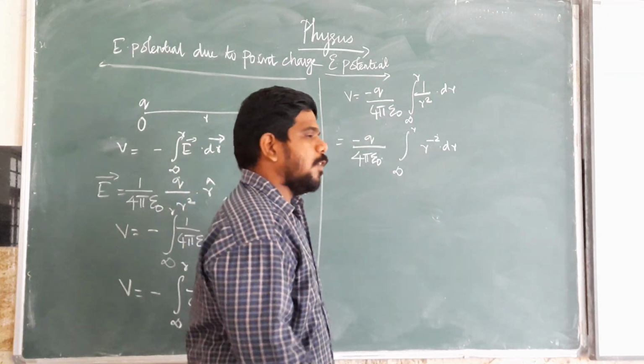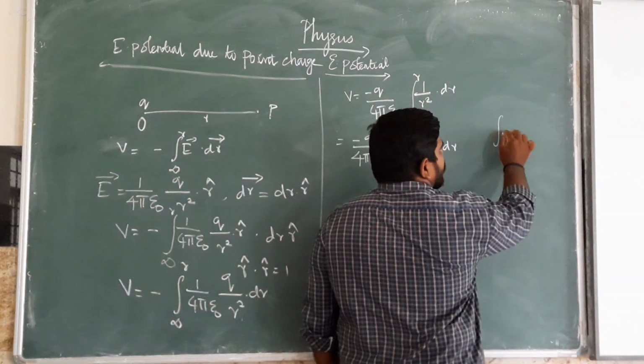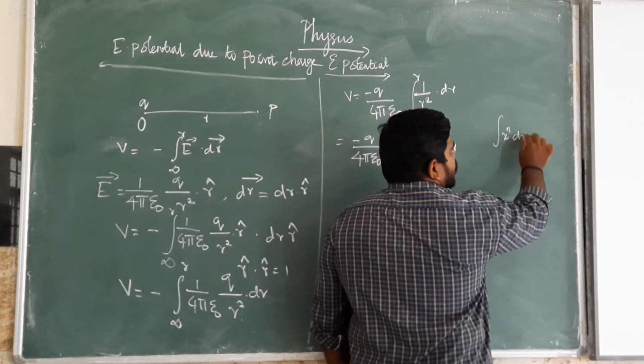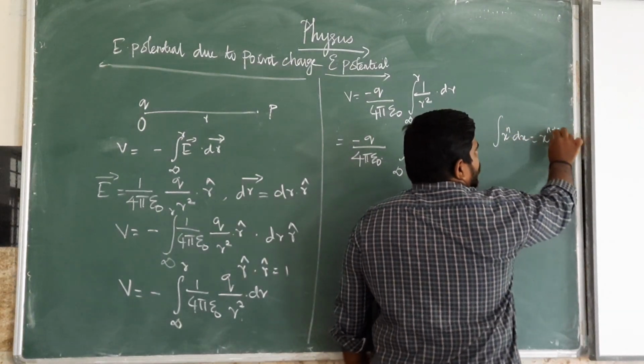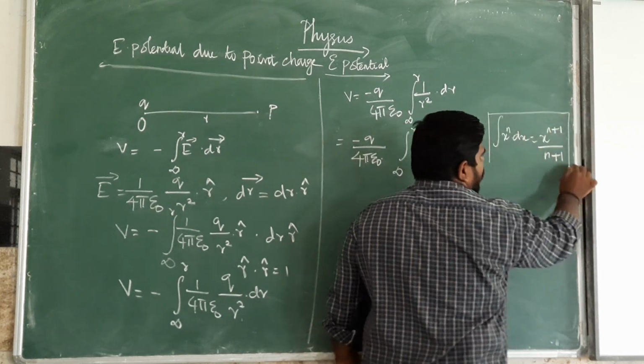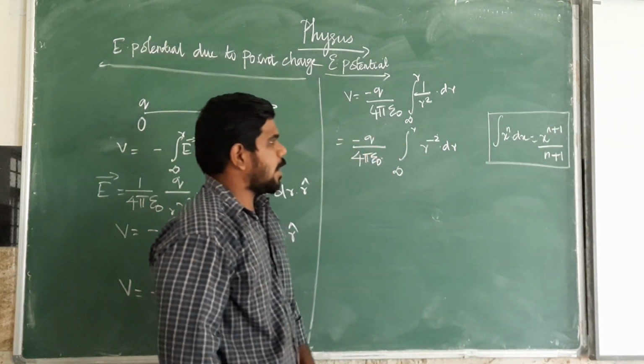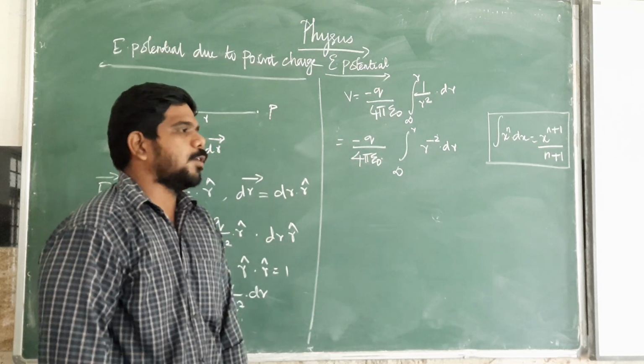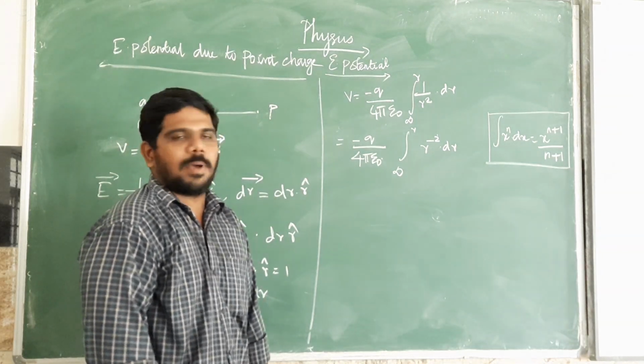Now you know the formula for the integral of x power n, isn't it? Integral of x power n into dx is equal to x power n plus 1 by n plus 1. I hope you know the formula, isn't it?